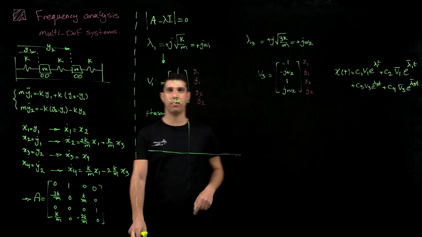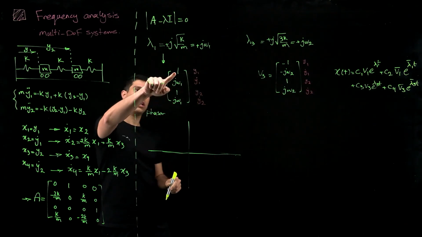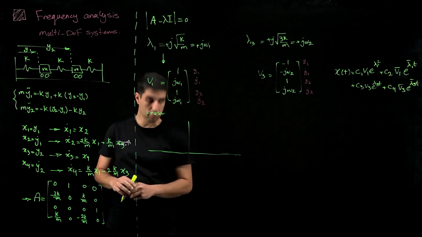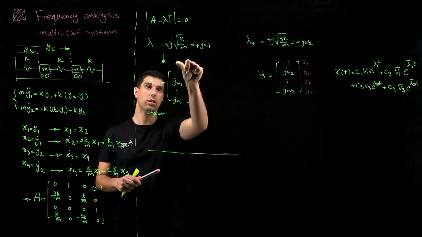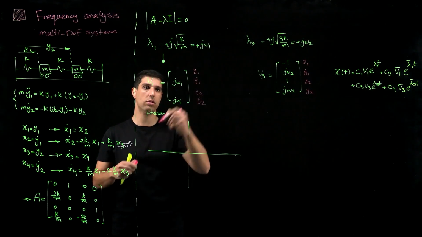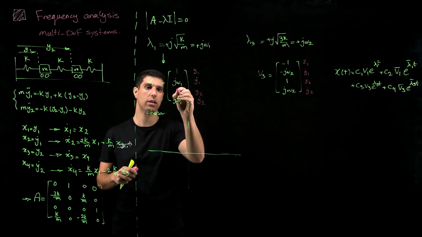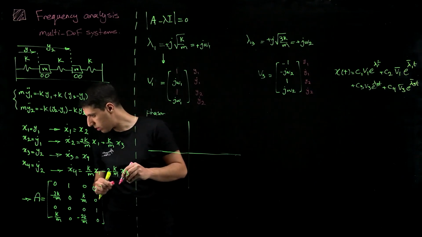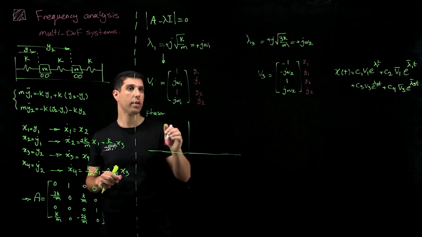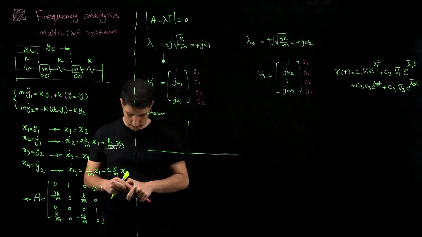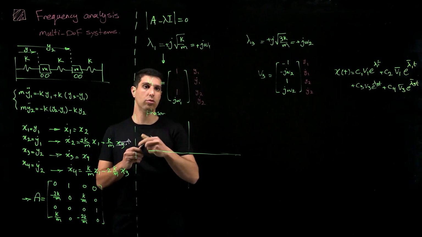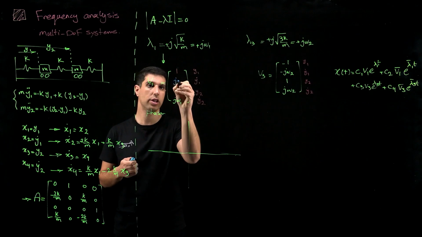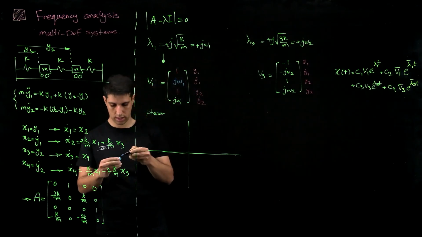Now plotting these phasors. Do I color code it? Let's try to color code it. Let's make these ones red. This one blue, j omega 1.